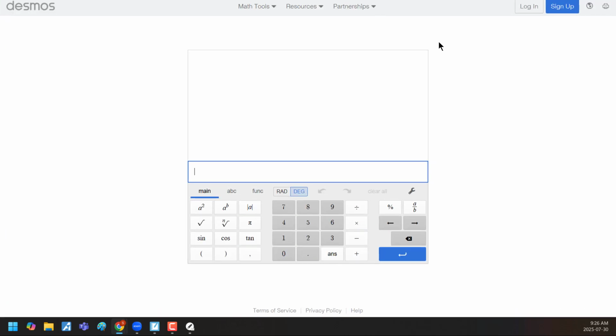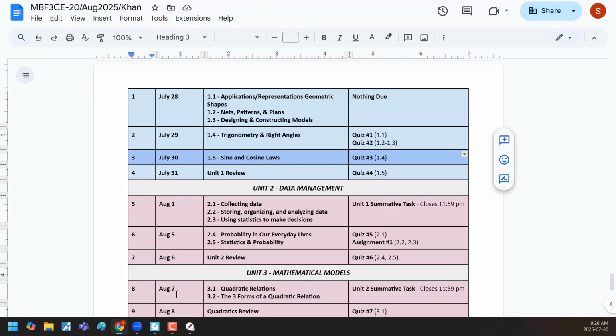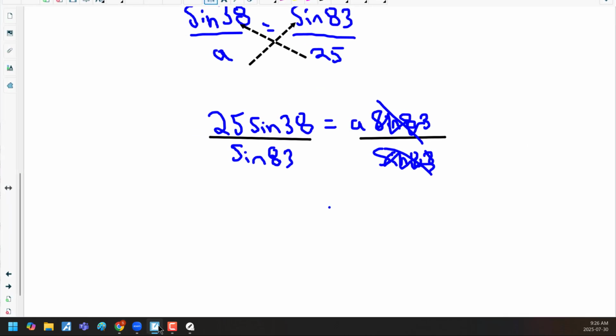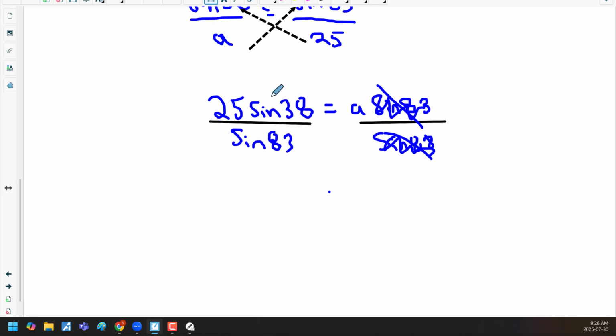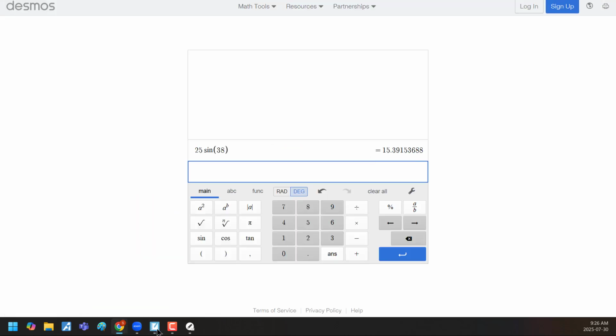That's fine. There's a way to do it. Let's go back. Oops. Oh, it was this one, actually. So 25 sine 38. That's 15.391. So 25 times sine 38 is 15.391.